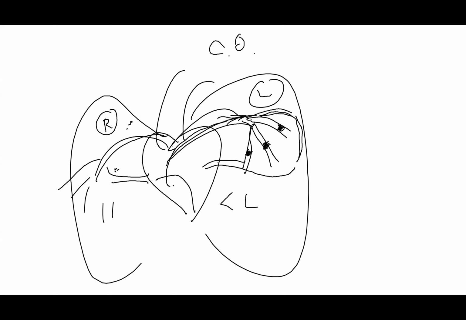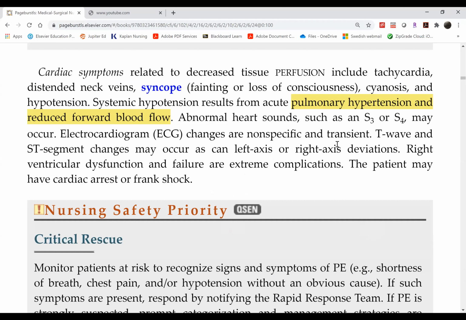So there is reduced forward blood flow because of that pulmonary hypertension. The pulmonary hypertension here results from those blood clots because they obstructed one or more pulmonary artery branches. Therefore, it will cause increased afterload, increased resistance, at least for the right ventricle.